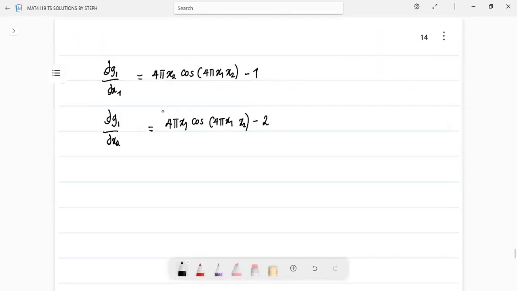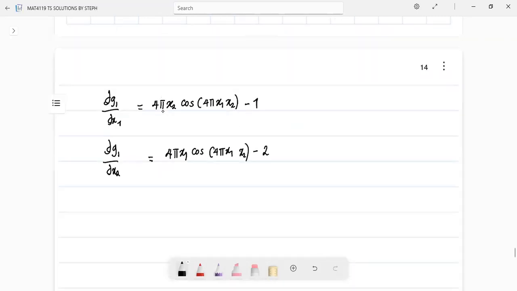We do the same thing for the other function, the partial derivative of g2, starting with x1.